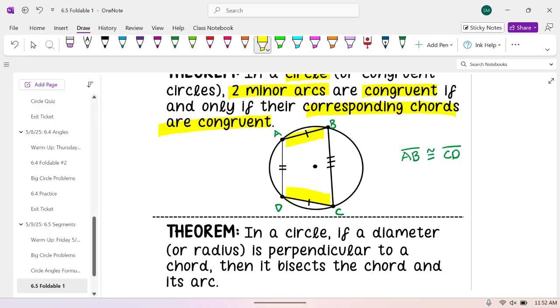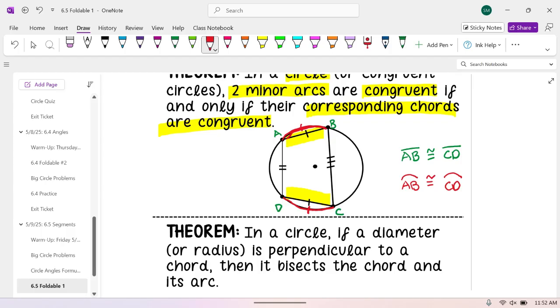that means that the arc AB is congruent to the arc CD. We're talking about their arc measures. So that means that these arcs right here, AB and CD, are also congruent to each other. Now, they're not the same length as the sides themselves.